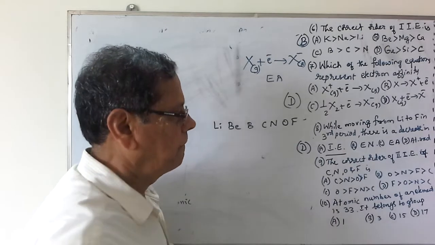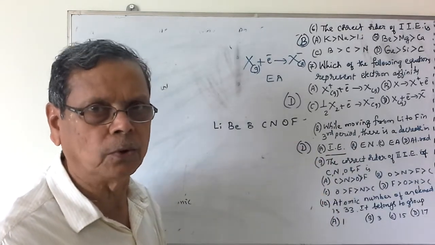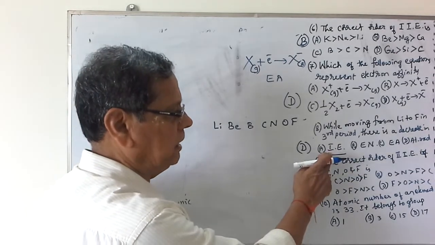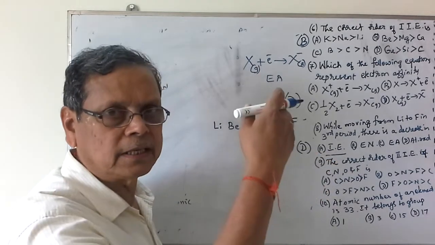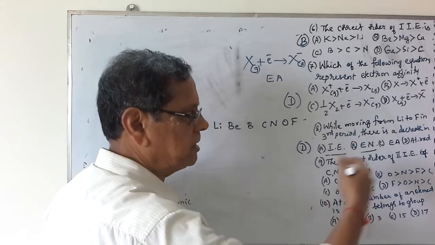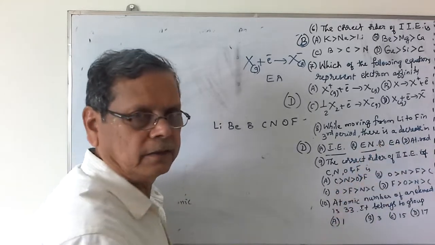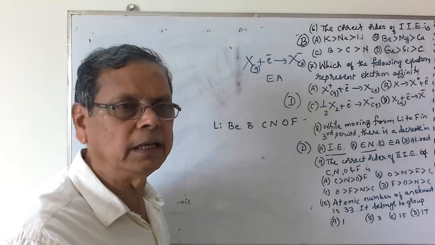Ionization energy actually varies depending on other factors also. There is no regular decrease or increase; sometimes it increases, sometimes it decreases. In the case of electronegativity, there is a continuous increase. Electron affinity again shows irregular variation.